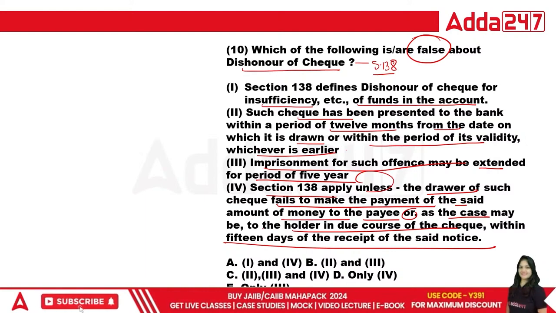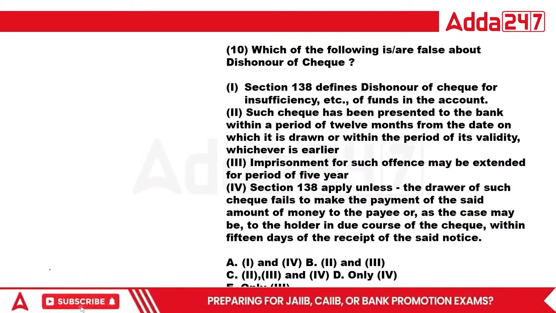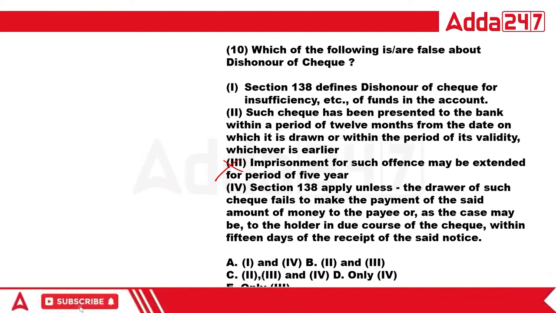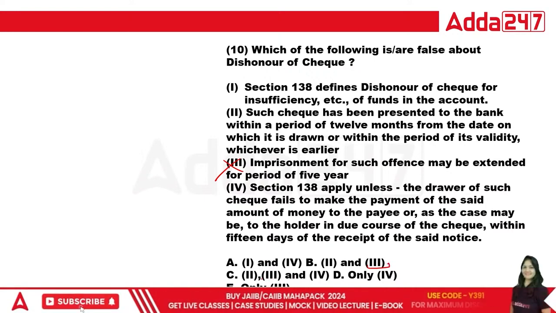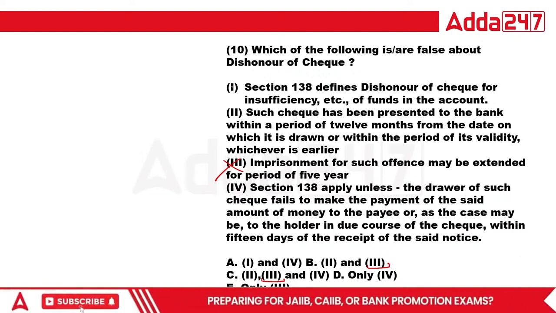You have to just tell me the false one, okay? Imprisonment is not this one. Third is false. It means this can be the answer. 138 dishonor of check, this is right.